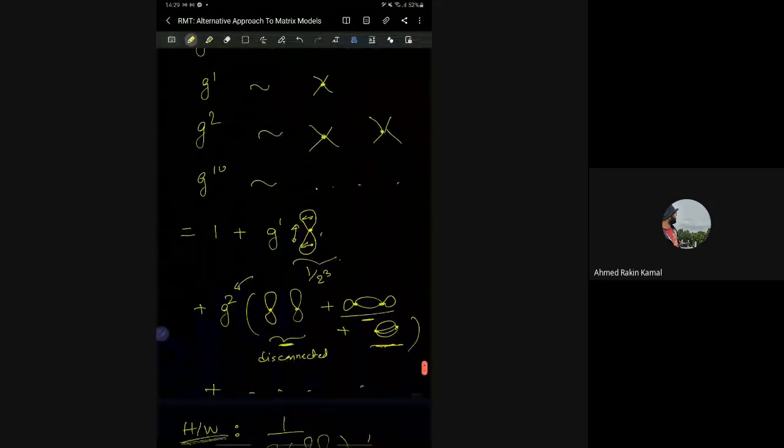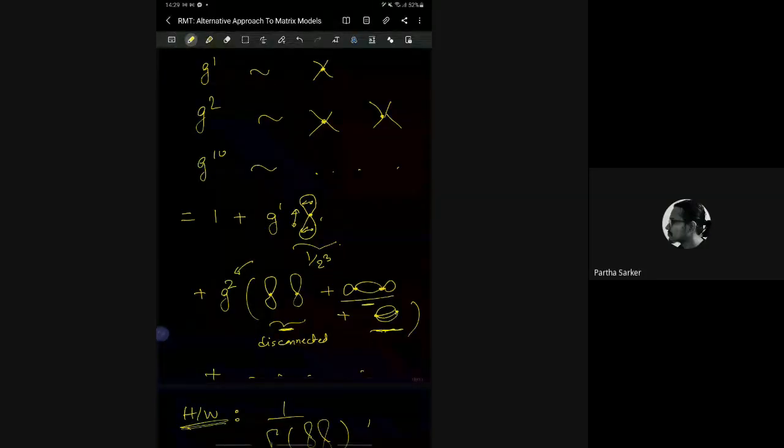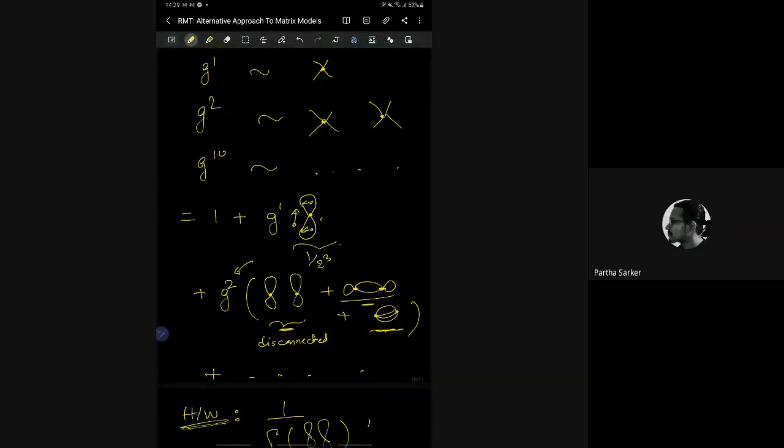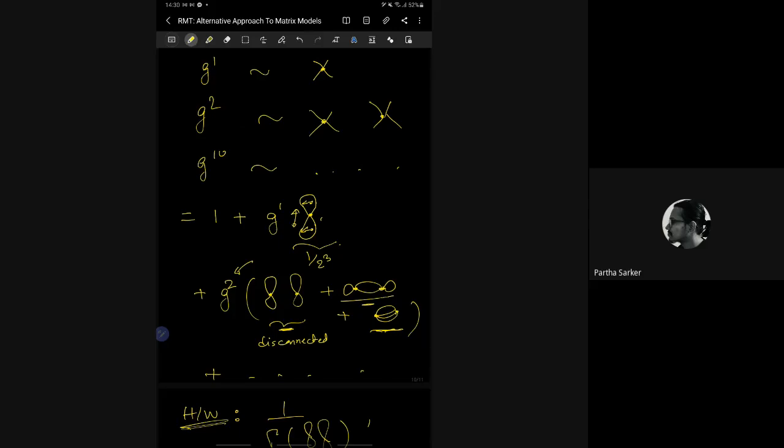So every graph will have a symmetry factor, and the coefficient of G squared will be just a sum of these numbers. Okay, I was confused whether I add the symmetry operations first and then divide by it, or I just sum up the symmetry factors of separate kinds of graphs. Okay, I got it.